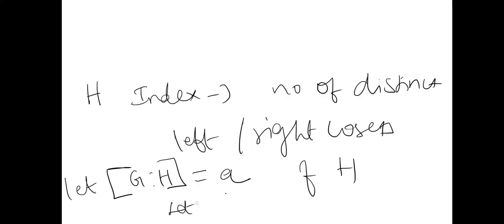And let the index of K in G be some B. So now I have the index of H in G to be A and the index of K in G to be B. Right now I'm considering H intersection K, because that is what I'm interested in, since I have to prove this is a subgroup of finite index.